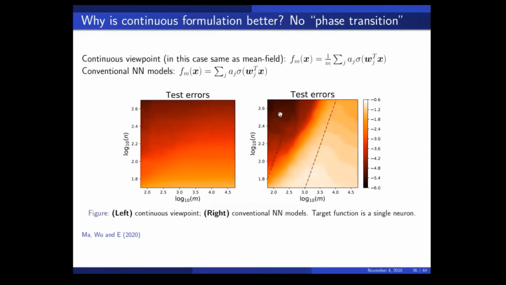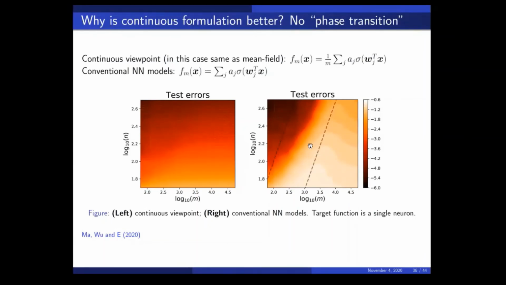So here's an illustration. Consider the so-called conventional scaling without 1 over m, and train the model with gradient descent. We get this result, the heat map of the test error as a function of the logarithm of n, where n is the size of the data set, and the logarithm of m, where m is the number of neurons.